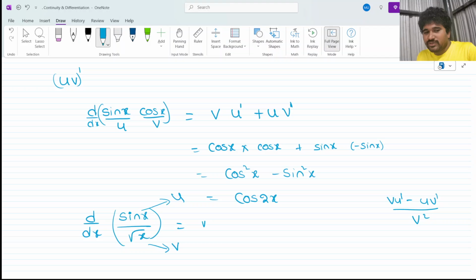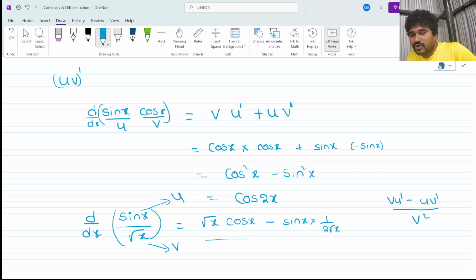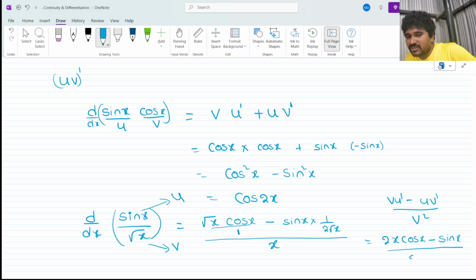So we have root x into the differentiation of sin x, cos x, minus u, which is sin x, into the differentiation of root x, 1 by 2 root x, whole divided by root x square, just x. If you rearrange it properly, you will get 2x cos x minus sin x by 2x power 3 by 2.